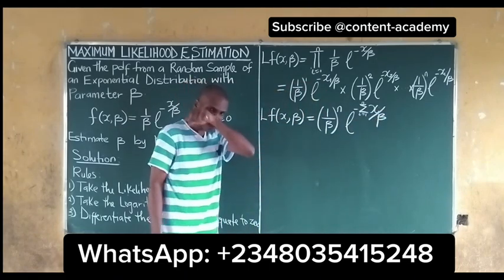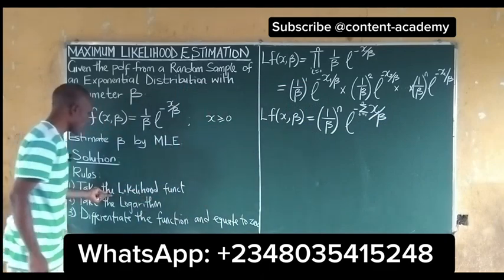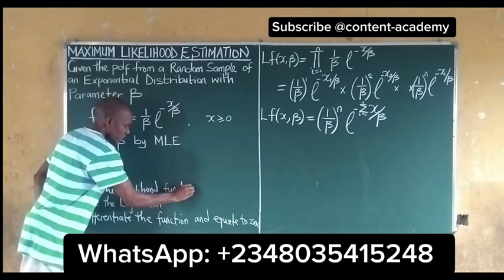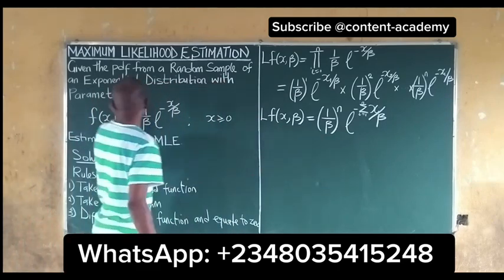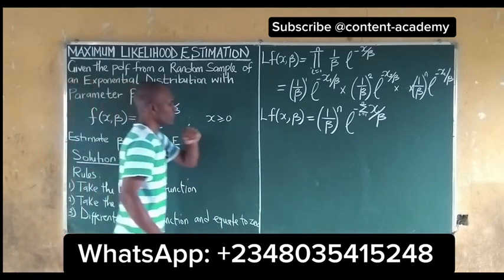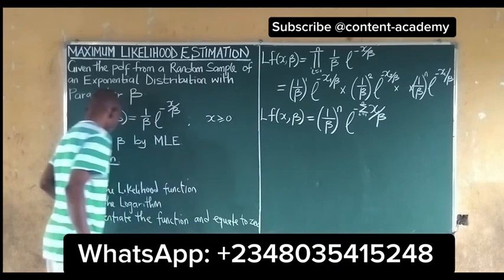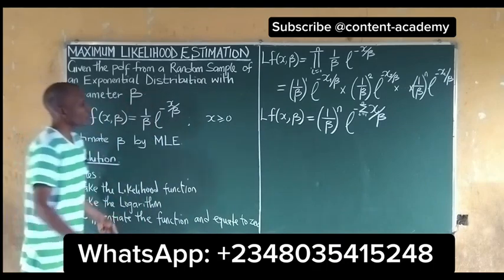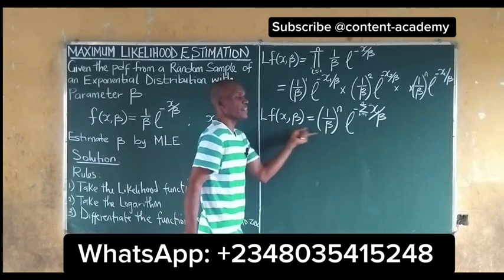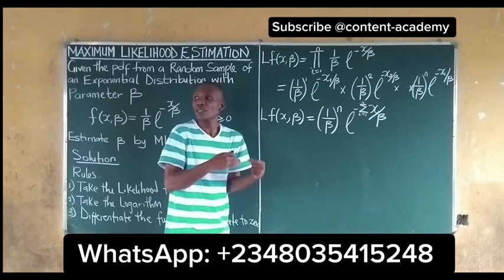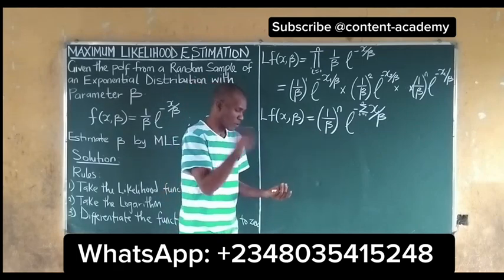So this is what we'll get. So this now becomes the likelihood function for the exponential distribution. The next thing to do, like we said here, is to take the log function. But before we take the log, we have to rearrange this properly so that we can take the log.